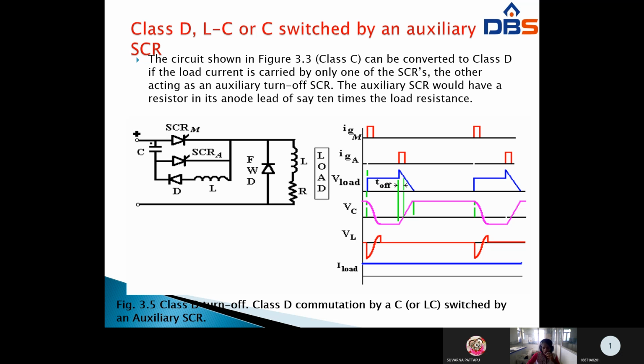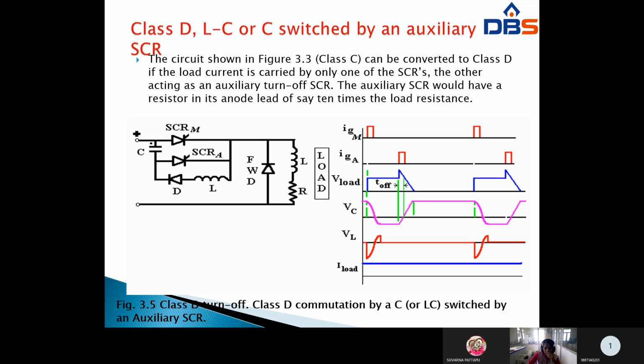Constant, and again it will be discharged. At first the main thyristor will be triggered, and the capacitor will be discharging in the negative half cycle. The capacitor is charged through the auxiliary SCR.